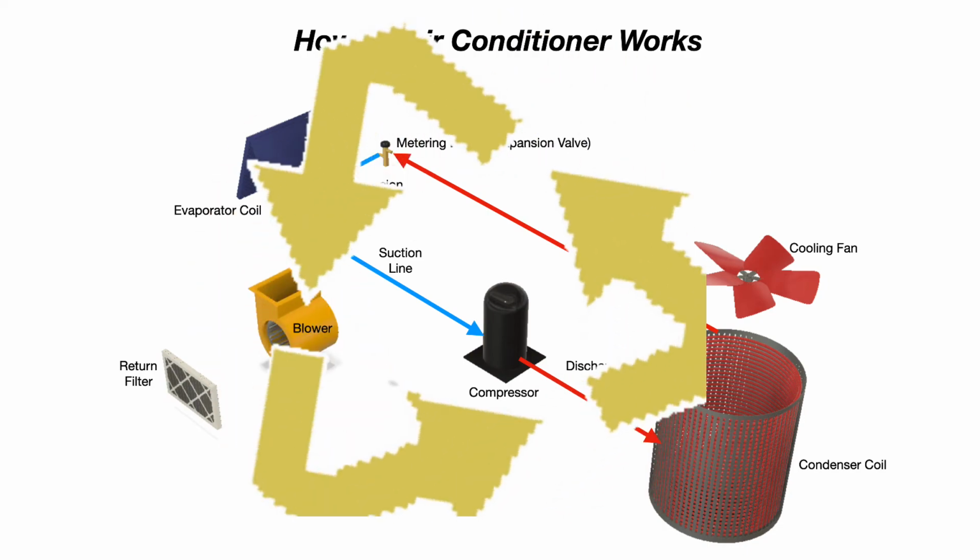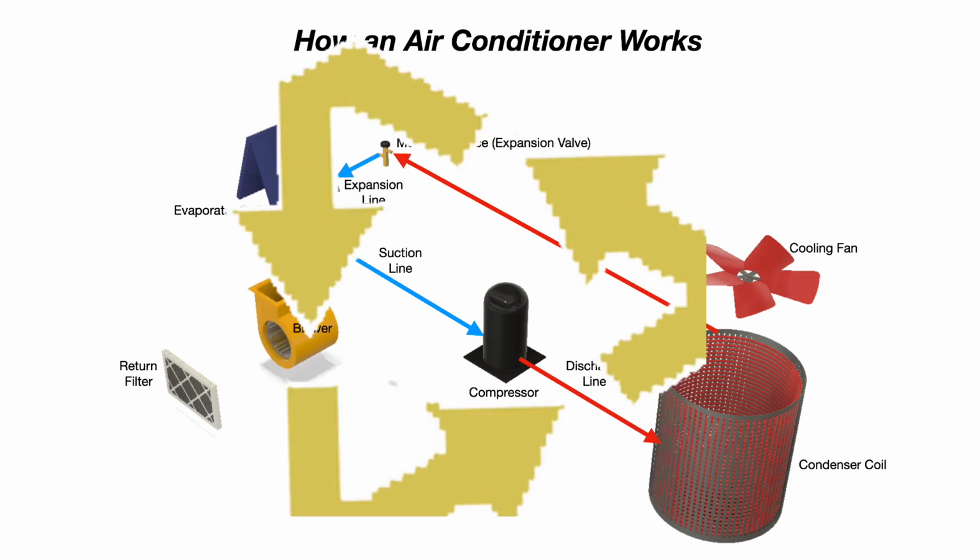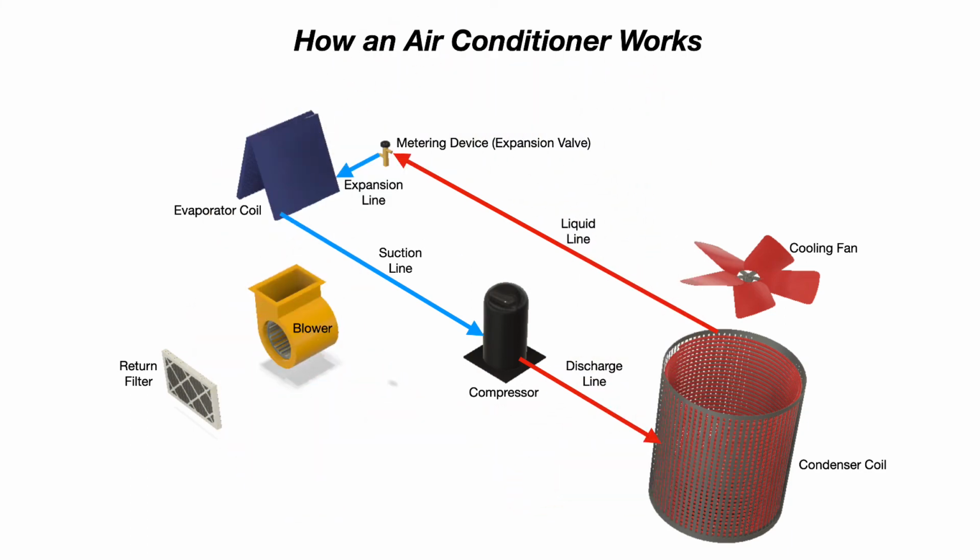So essentially, a heat pump reverses the direction of flow of the refrigerant, and instead of rejecting heat outside and absorbing heat inside to cool your house, you're absorbing the heat energy outside and bringing it inside to warm your house.